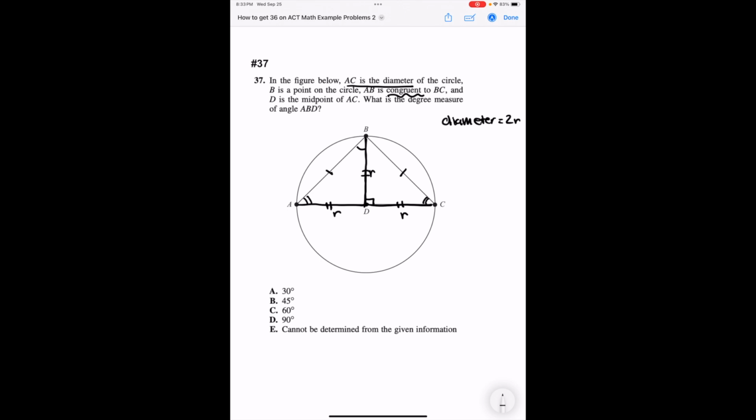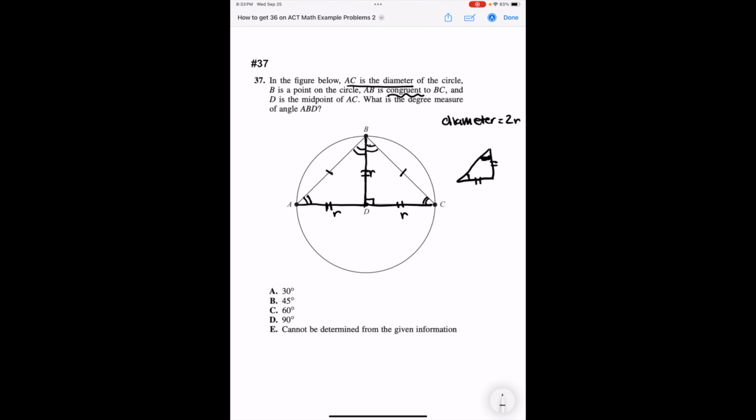So now that we know these two angles are equal, this is basically another isosceles triangle right here, because these two sides are equal, and we're trying to find this angle. We know that this angle is equal to this angle down here, and this angle is also equal.